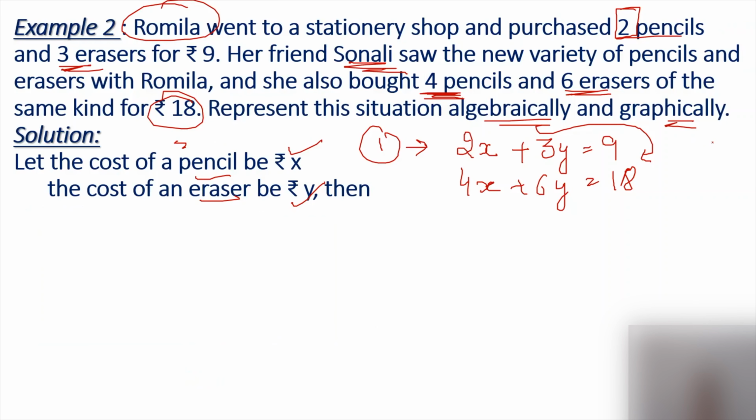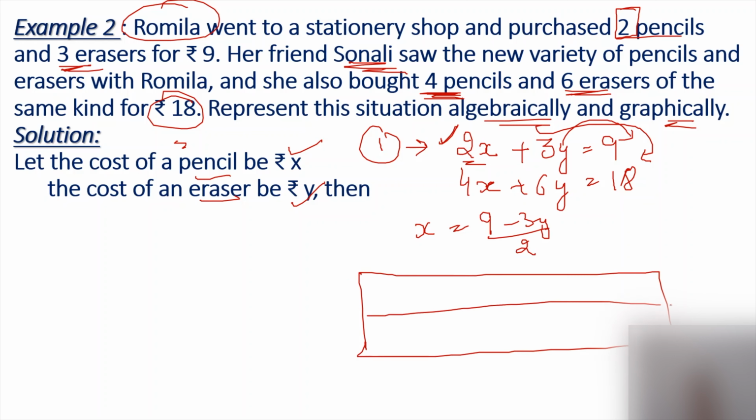Graphically, we can find the value of the variables. Very first, we will find the value of x from equation number 1. X is equal to (9 minus 3y) divided by 2. And here we can write the values. Y is equal to, let's consider, y is equal to 1.